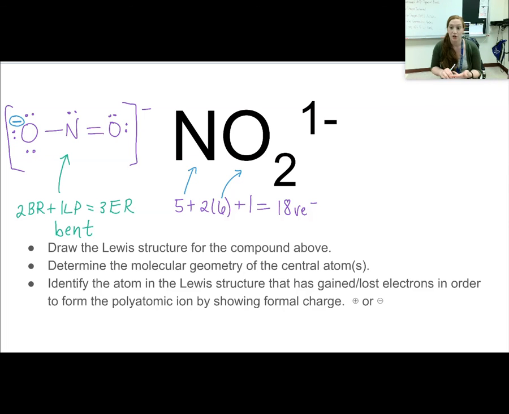Okay, can you determine if a molecule is polar or nonpolar based on the electron distribution? In order to do that, you have to look at number of lone pairs on center atom and polarity of bonds. Okay, and then the last thing we did here was Lewis structure for polyatomic ion, checking to see where the electrons were gained or lost in the formal charge.